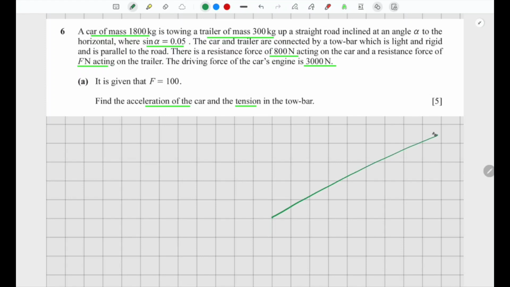See, this is your inclined plane at an angle alpha to the horizontal. Okay, so this will be your alpha.